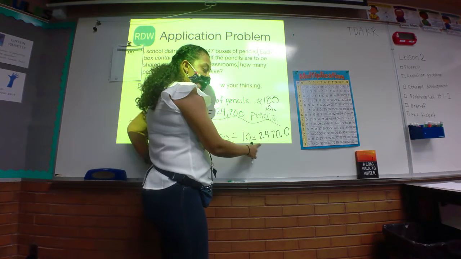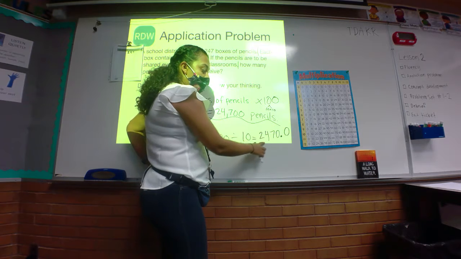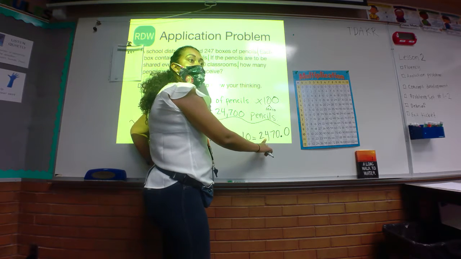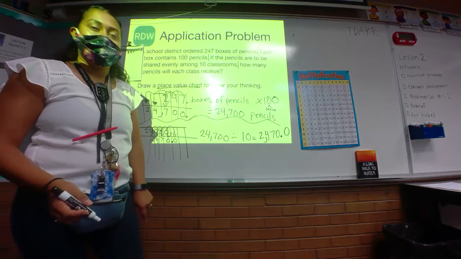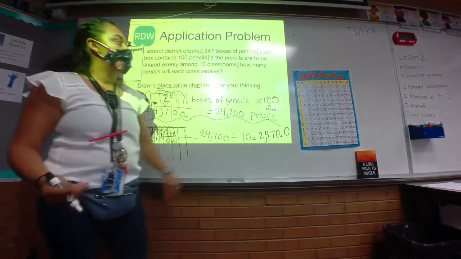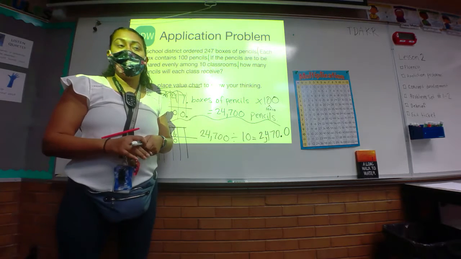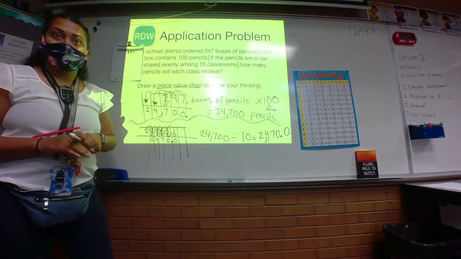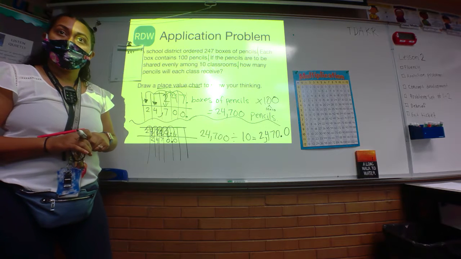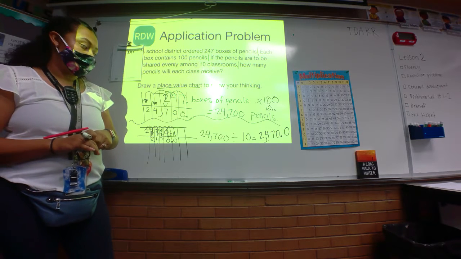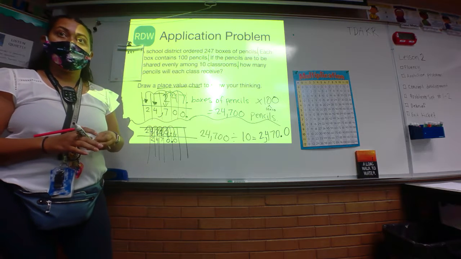Okay, so now we have 2,470. What can we put here? A comma. Thank you, Ledger. Okay, did we answer the question? How many pencils will each class receive? Good. Okay, got it? Any questions? Ready to move on?